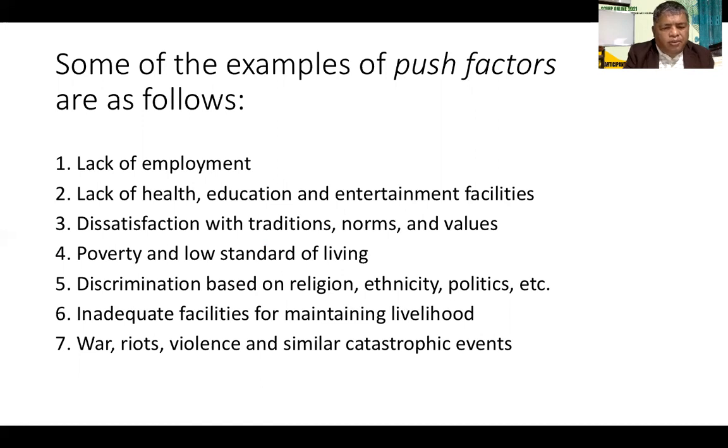Pwede rin poverty and low standard of living, kung kahirapan. And then discrimination based on religion, ethnicity, politics. Inadequate facilities for maintaining livelihood. And then last, war, riots, violence, and similar catastrophic events. Kung palagi may bagyo, may gera, may kaguluhan. So those were the push factors.